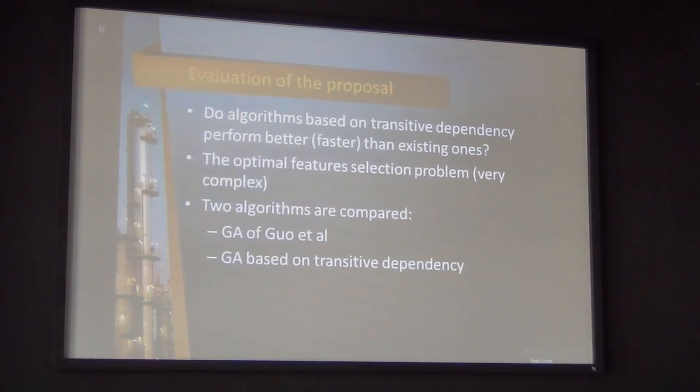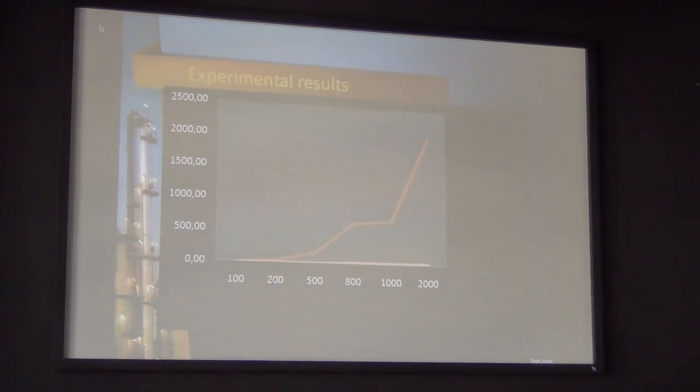So I have my feature model, and I want to find the optimal configuration of features that satisfies a certain requirement. Okay. So the experimental results are here. Here I have the number of features. So I started with 100 features and I ended with 2,000 features.